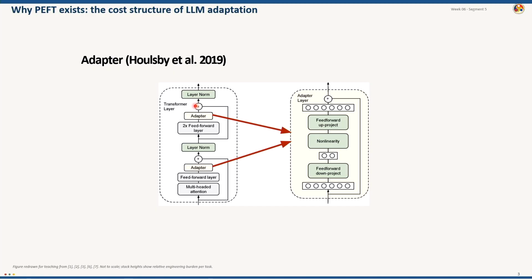So here you are seeing the PEFT adaptation. You have the transformer layers, right? So what are the transformer layers? You have the multi-head attention, you have the feed forward layer, you have the normalization. In the original transformer layer you do not have the adapter; there is no adapter layer as such in the base model.